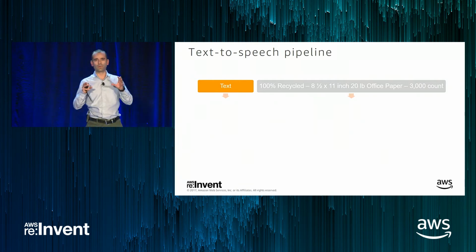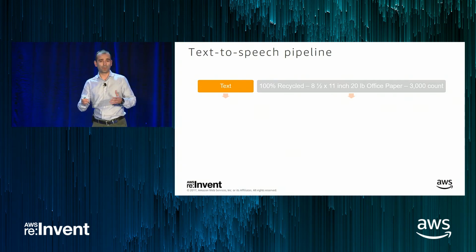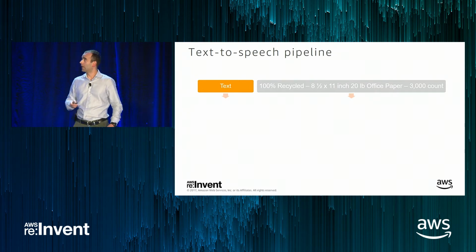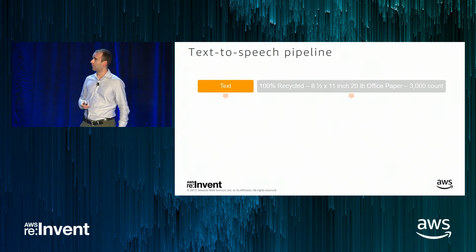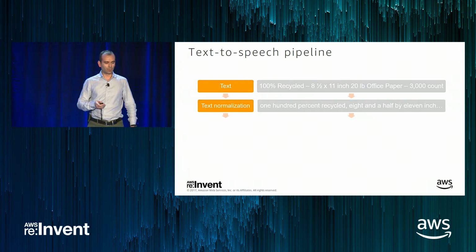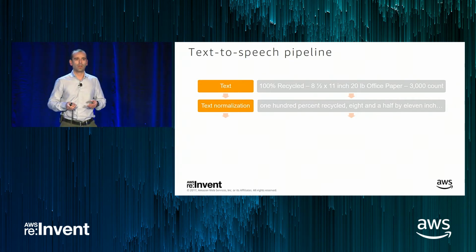Usually the front end is focused on text processing, and the back end is focused on the actual generation of the audio signal. The first step of the front end is text normalization, transforming any input text into a series of plain words.